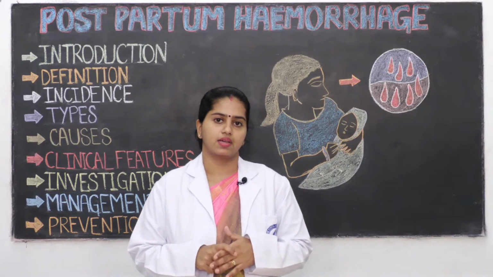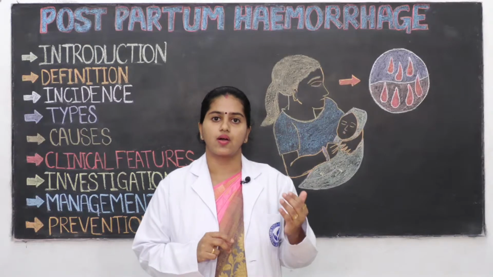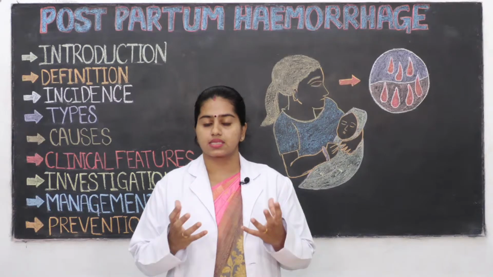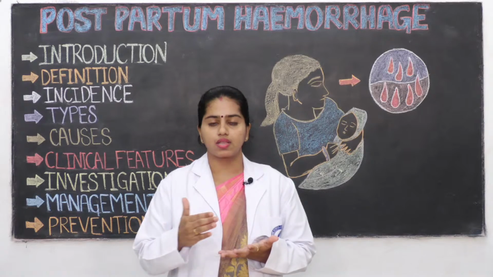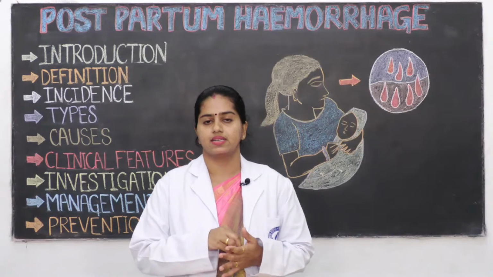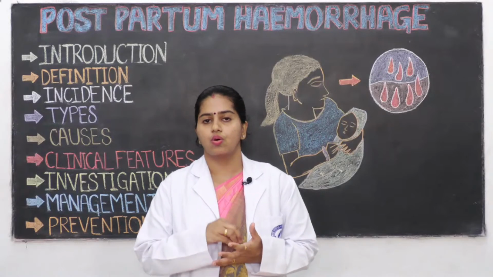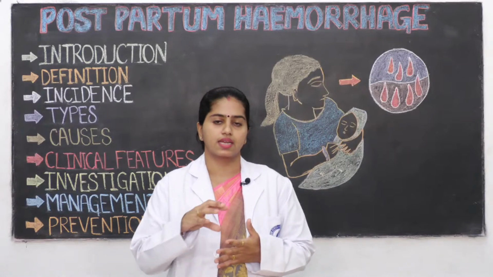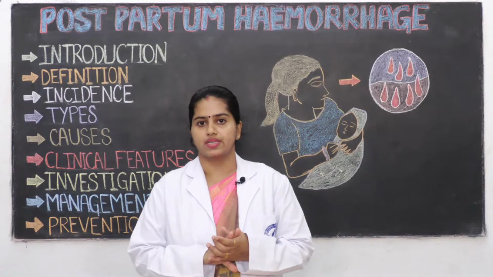Deliver the placenta by controlled cord traction. After the delivery of the placenta, examine whether the whole placenta has come out, all the cotyledons are there, the membranes are there, and no placental bits or tissue is left inside the uterus. They have to monitor that.